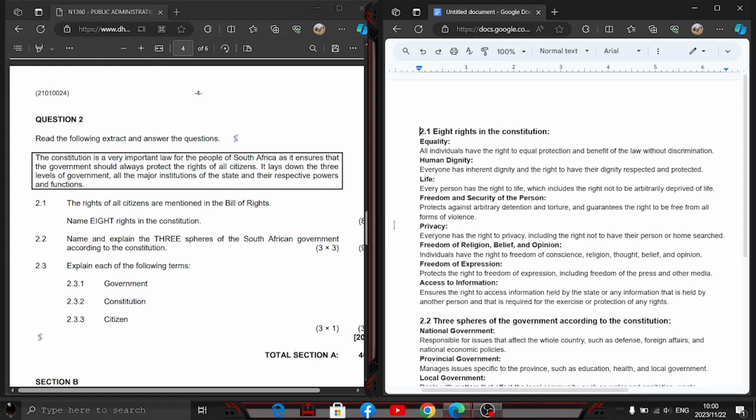You understand? The eighth right that I have on my list is access to information. Right? Now, this right ensures the right to access information held by the state or any information held by another person that is required for the exercise or protection of any rights. You understand?